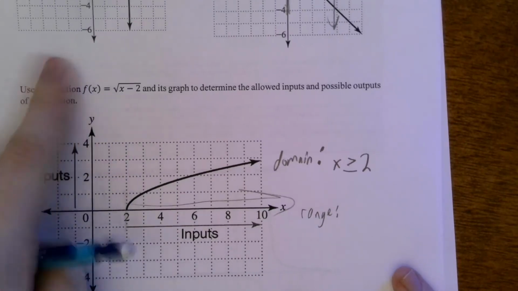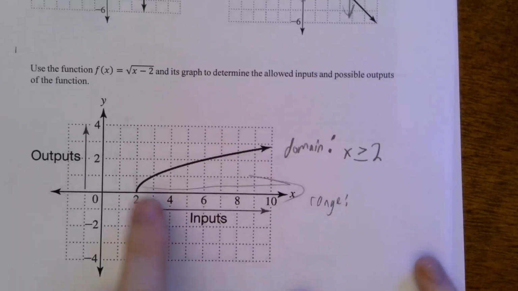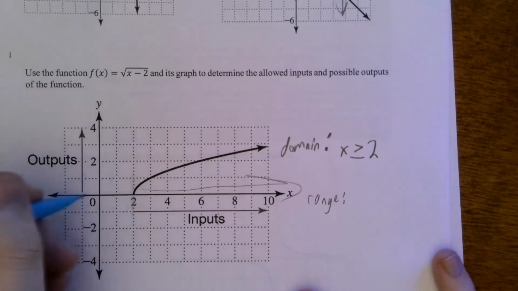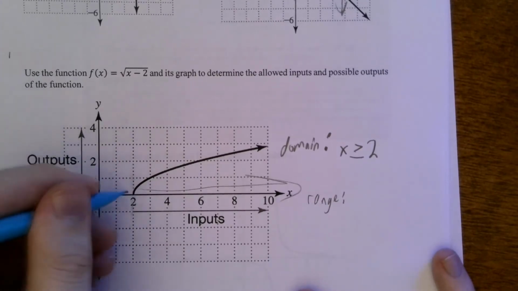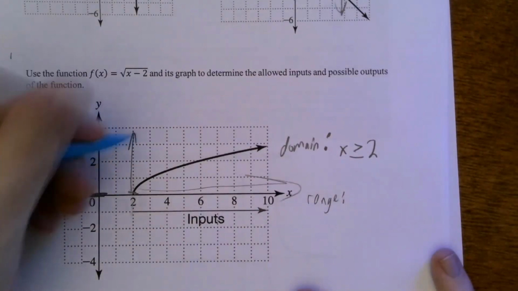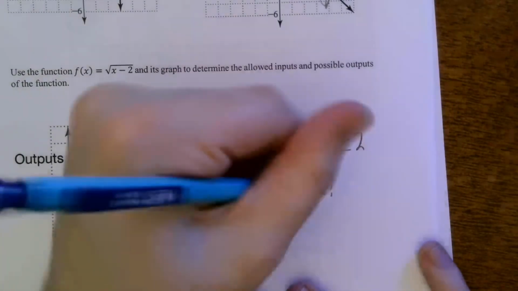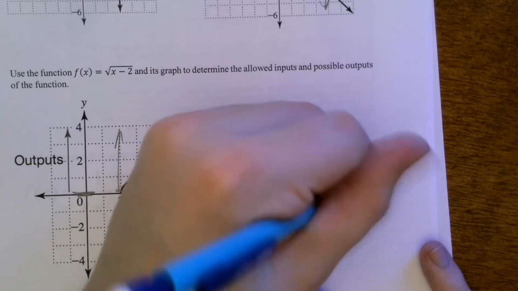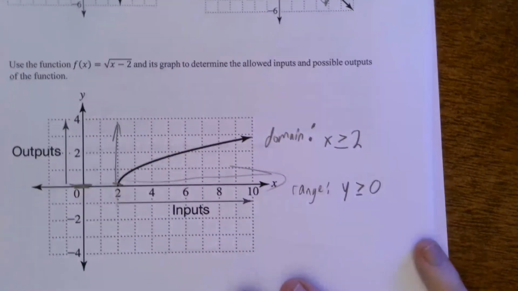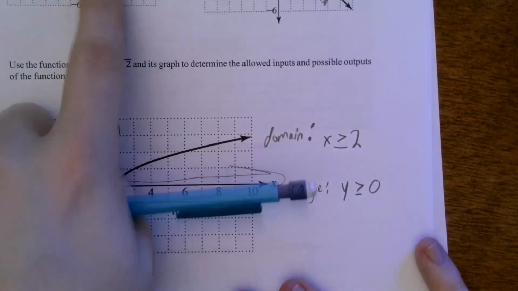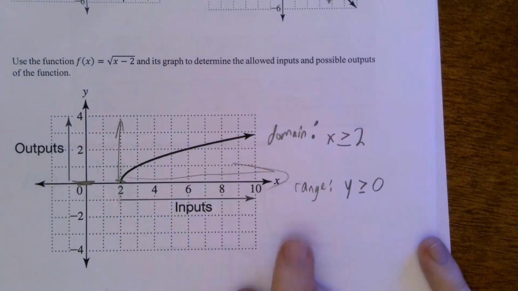Well, my stipulation for y, it looks like it starts at 0, right? That's our smallest y value, right here. And it goes up to infinity as well, right? So my range is y must be greater than or equal to 0, right? Because it starts at 0 and it goes up into infinity. So that's my range or my list of outputs.